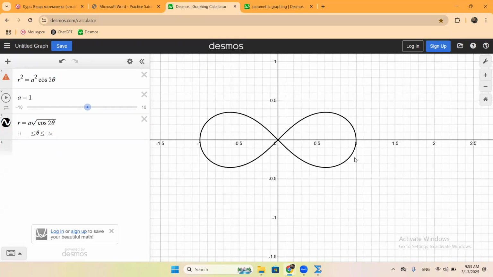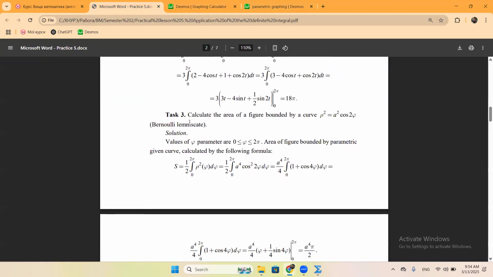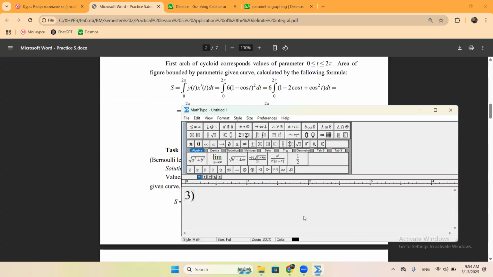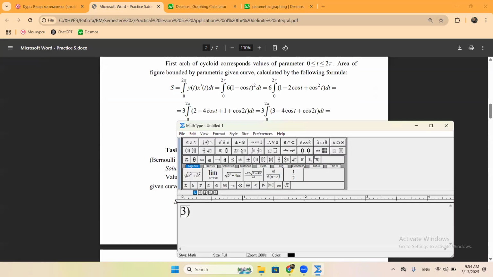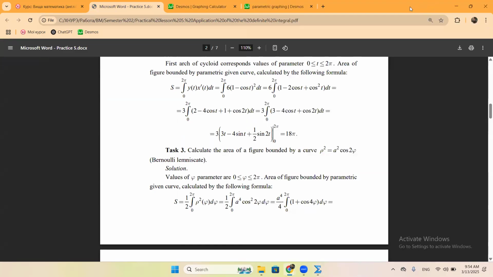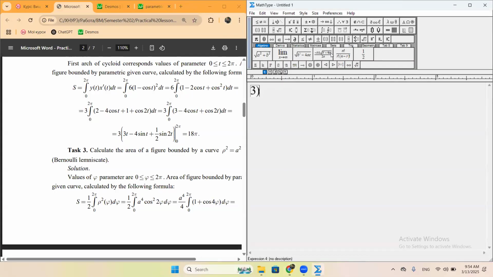For the area of the Bernoulli-Lemniscate, we will have to integrate from 0 to 2p this rho square. Okay, so we use the following formula. For polar coordinates, it is found by the following formula.